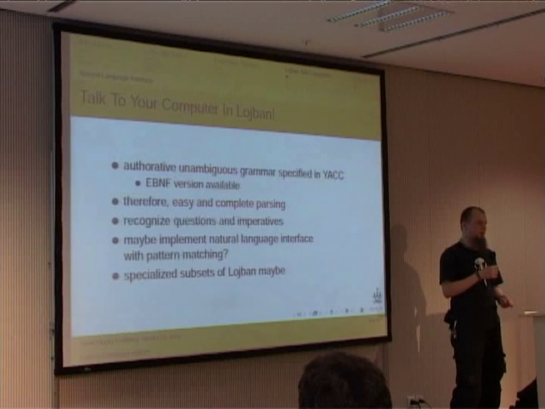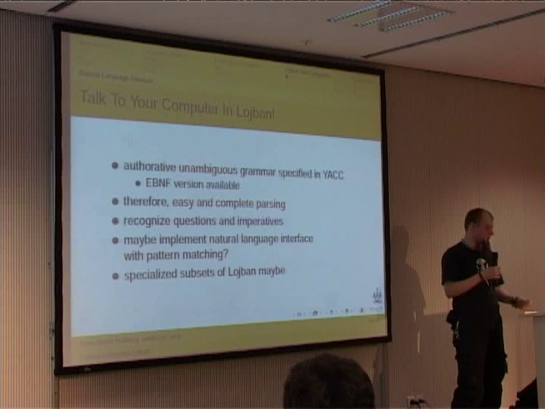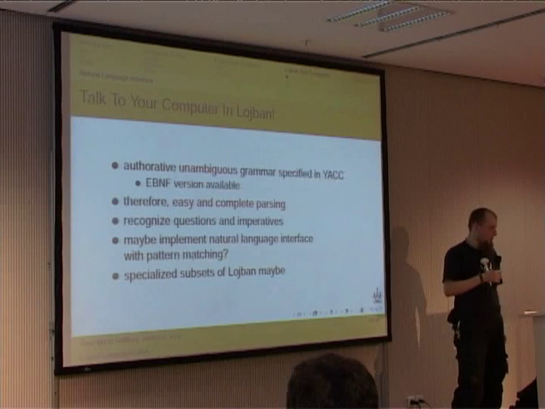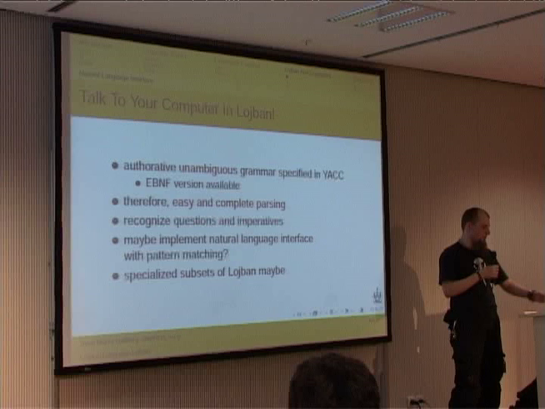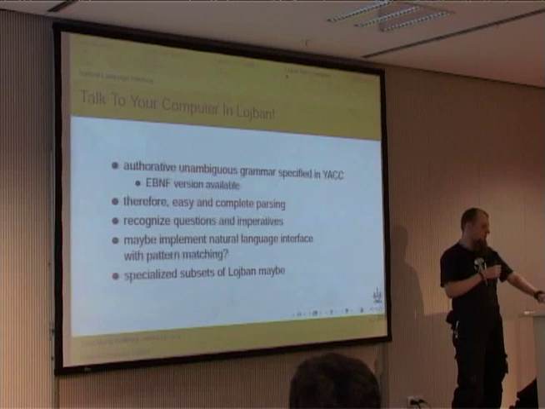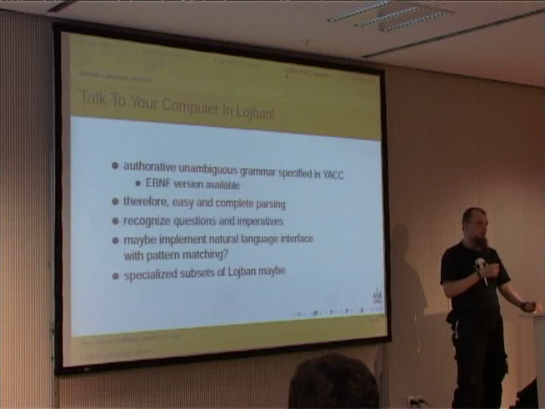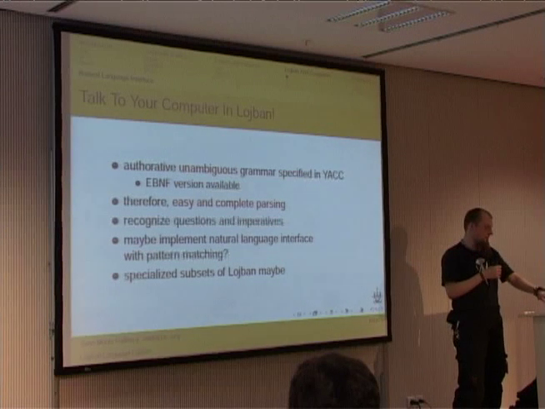Just do this really, really thoroughly, and you have a very wide natural language interface. Or maybe you just want to constrain yourself to some suitable subset of Lojban. Still, this might be a good basis. If you can assume that your users speak Lojban, they will be happy about this.